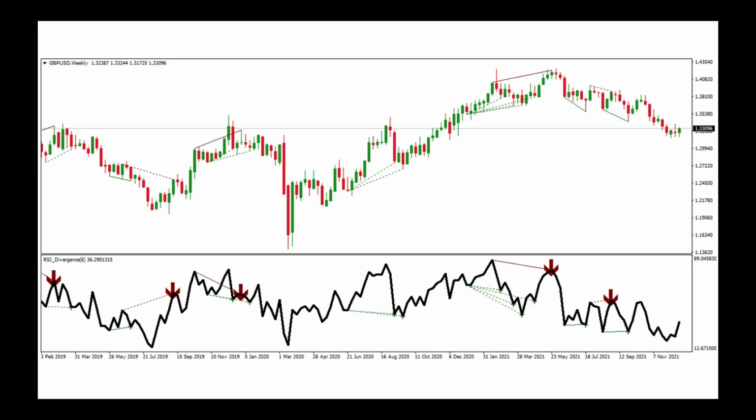If this indicator detects differences, so the chart is going in a bullish trend and the oscillator is going in a bearish trend, we have divergence. And then we have a few percent bigger probability that the future trend will change and go in some direction.